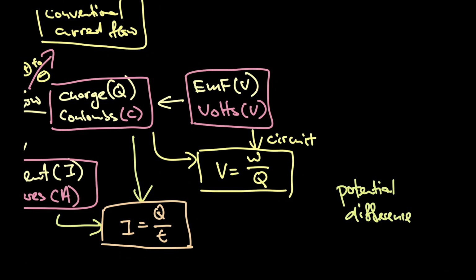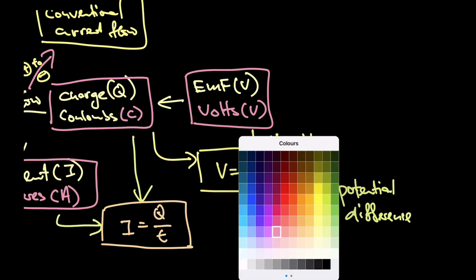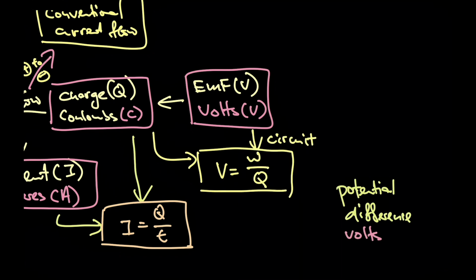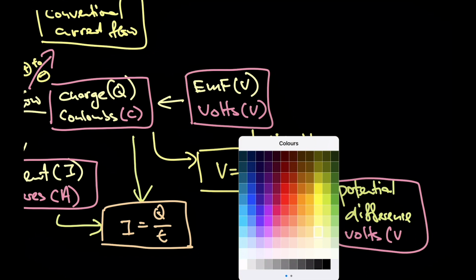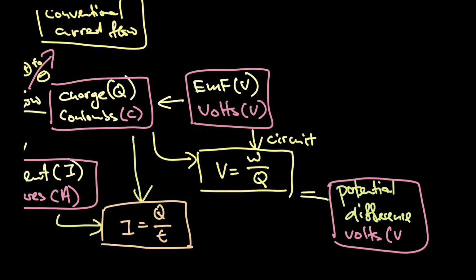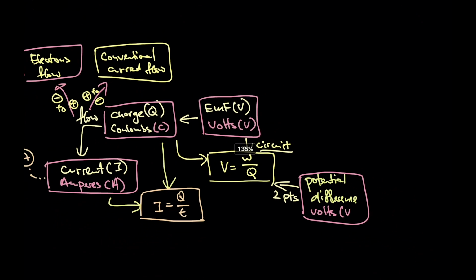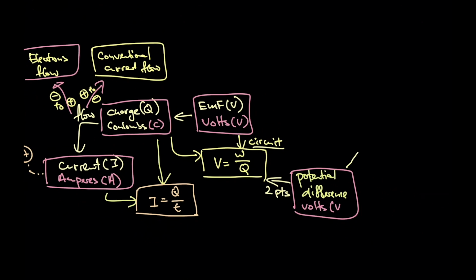Potential difference is also measured in volts, V. The main difference is that PD is the work done per unit charge across two points, whereas EMF is across the entire circuit. Potential difference is measured using a voltmeter.